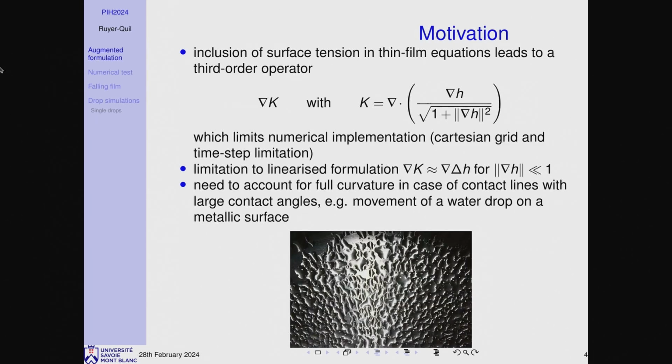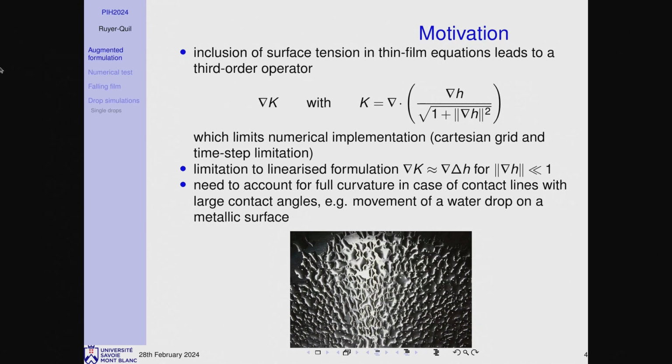So what is the motivation? When you look at a thin film, the main trouble comes from surface tension, because it introduces a third order operator. If I call K the curvature, which is already a complex second order operator depending on the film thickness H, the surface tension term is generally the gradient of K, so it is a third order operator.